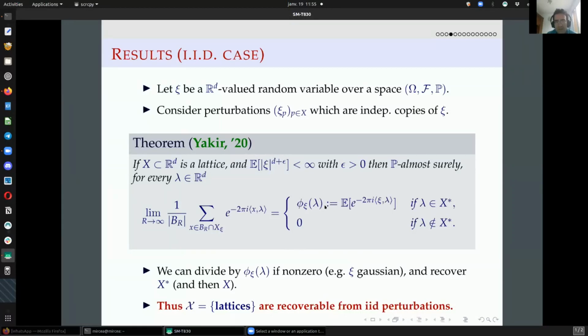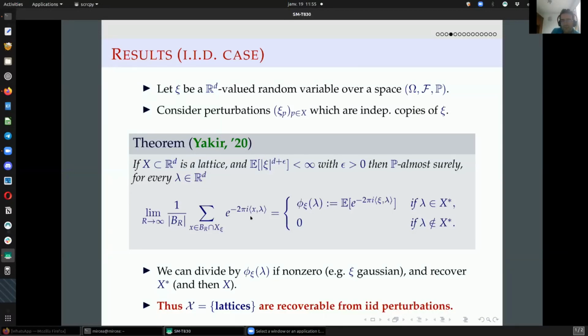Then you can divide by phi c, and find the Fourier transform of the masses in my lattice, and then you can recover x star, and then I can recover x. This means that in the class of lattices, these are recoverable from perturbations of this kind. This is the recovery problem that Rodolfo and I found, and we found it very interesting. And the proof of it was very enlightening.